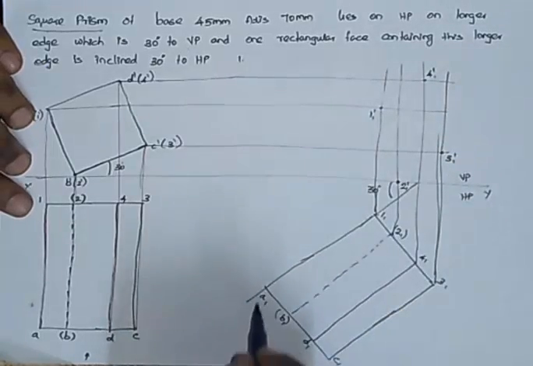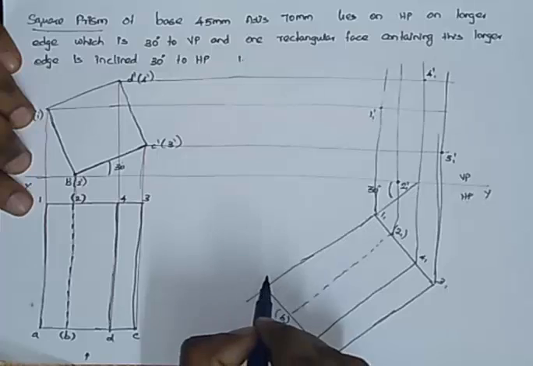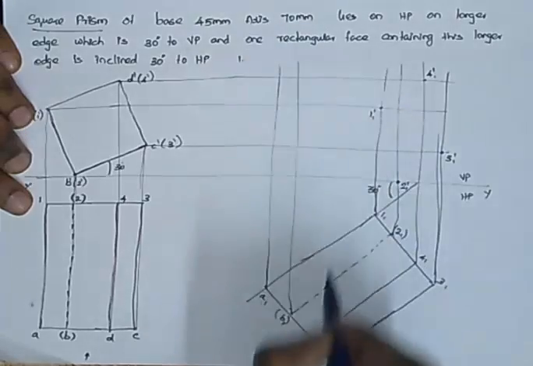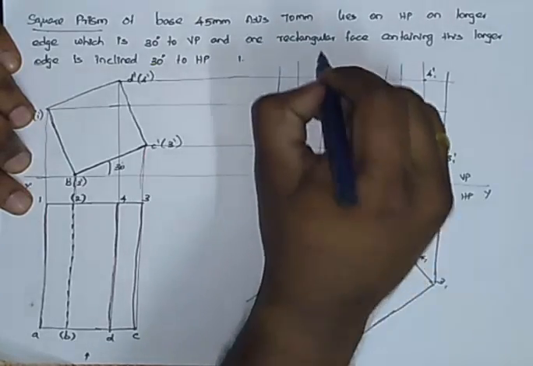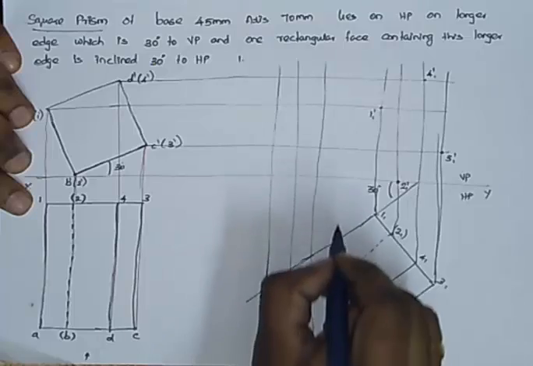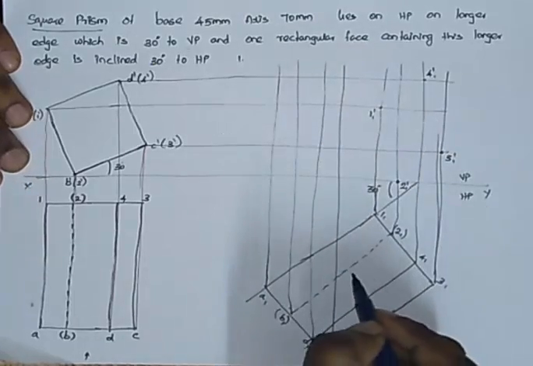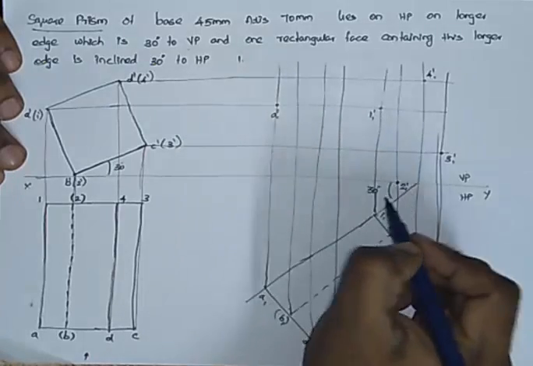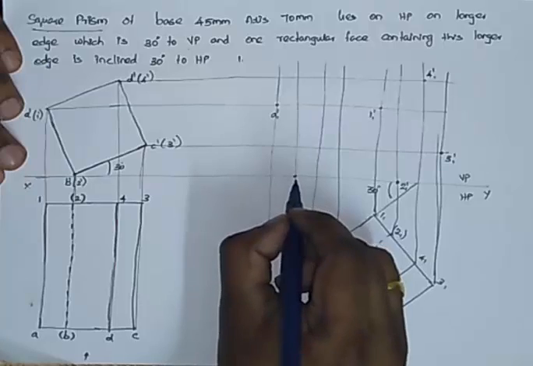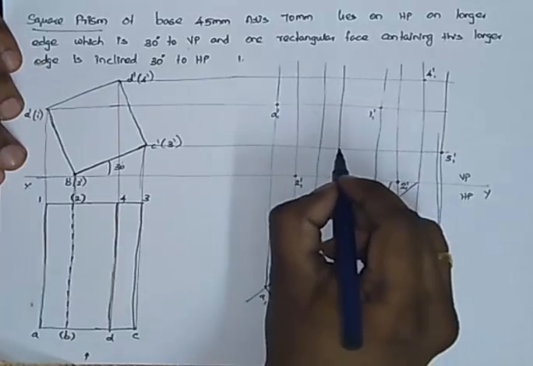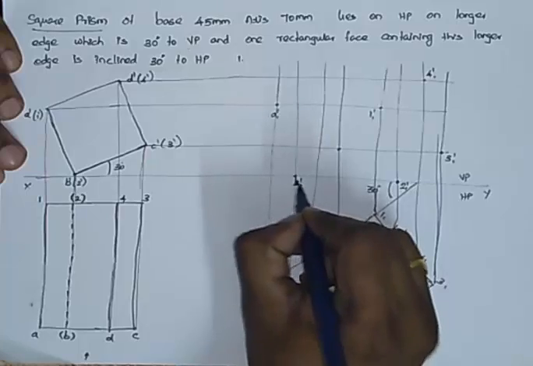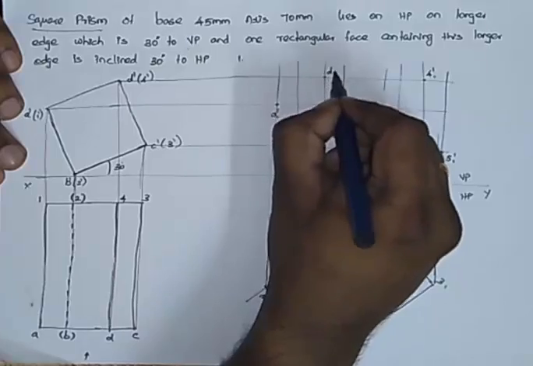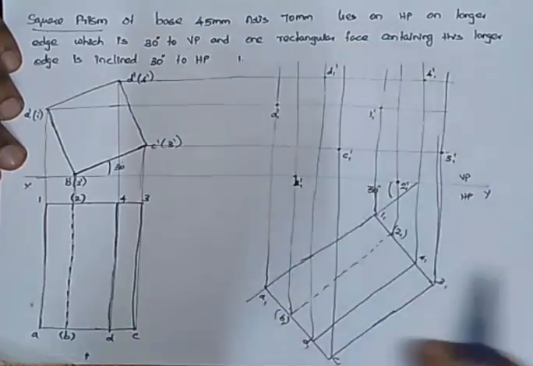Right. Now project all these points vertically. So point A1 dash will be here. This one is point B1 dash. This is point C1 dash. This is point D1 dash. Am I right? Yes, I completed.